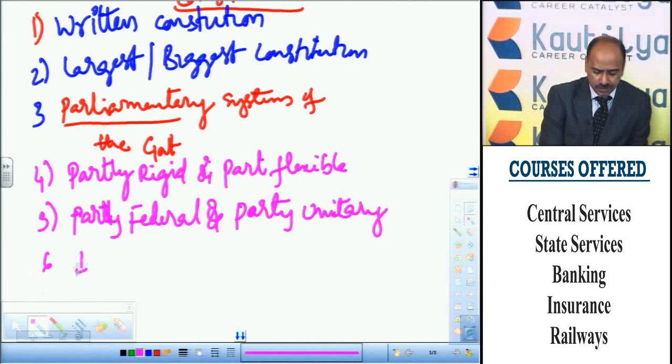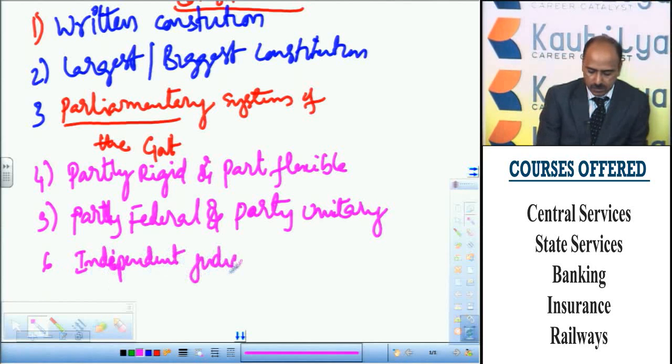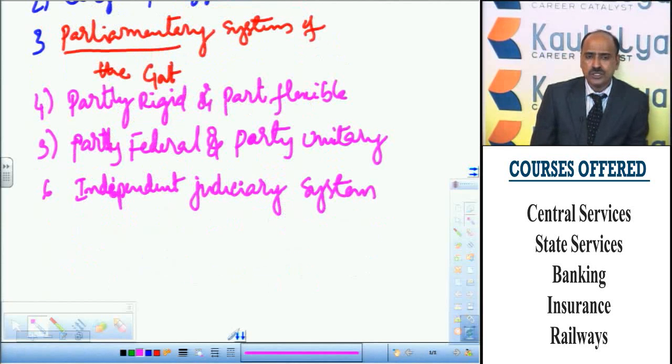Next important salient feature is the independent judiciary system. Our Supreme Court judges are appointed by the President on the advice of the collegium. They are removed by the Parliament through impeachment.